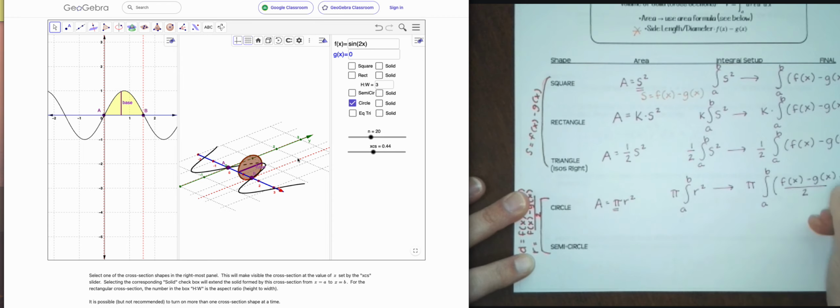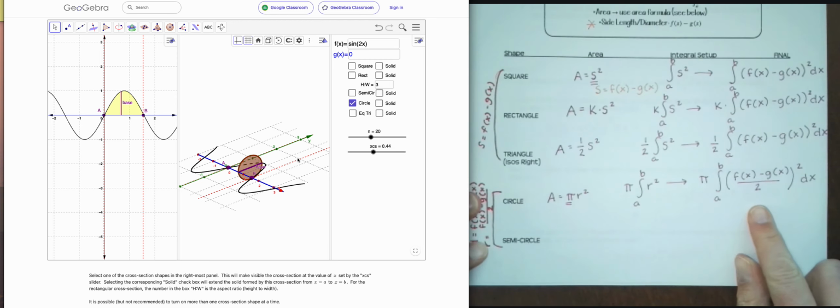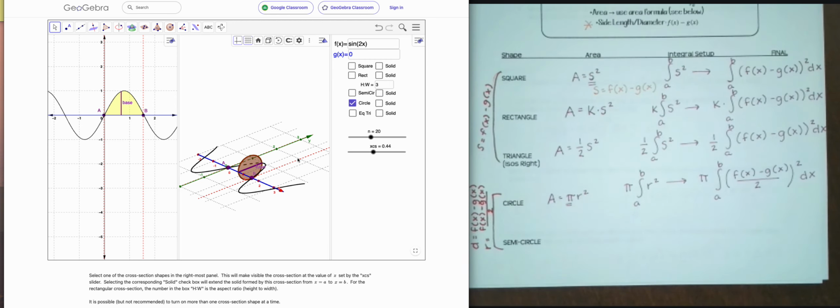And that dividing by 2 is happening before the square. I would really recommend writing this down on paper first before you start typing, or into a calculator, into Desmos, whatever it may be, because getting this set up right on the fly is hard. You want to write it and make sure that the dividing by 2 is happening before the squaring.